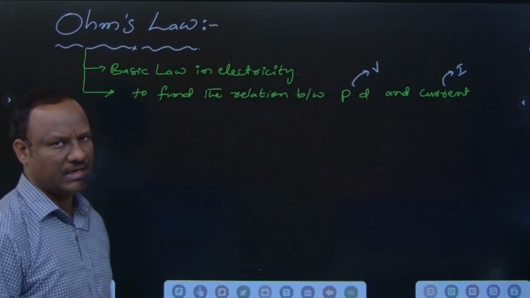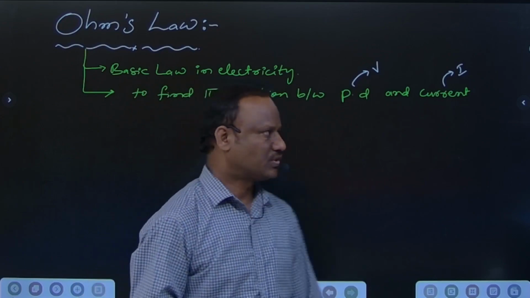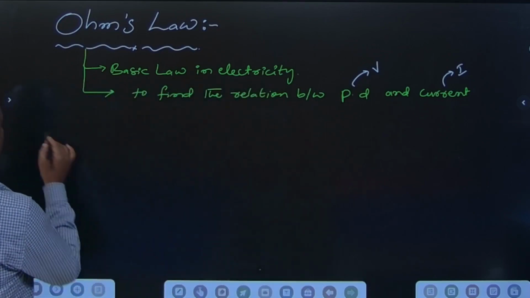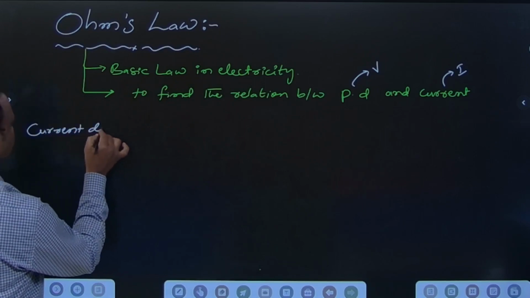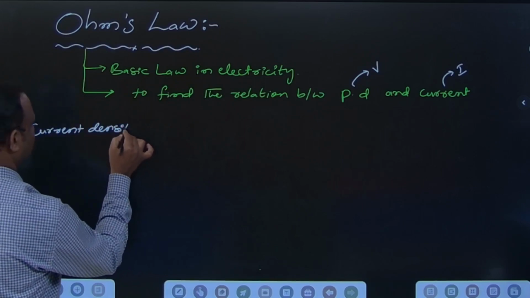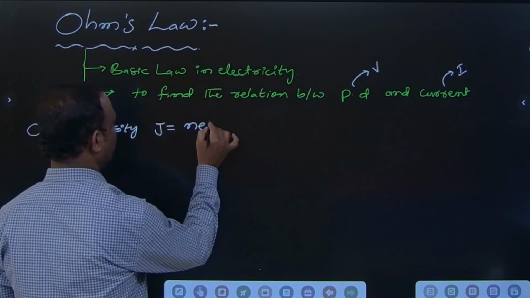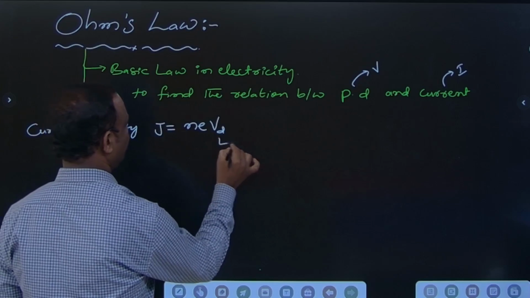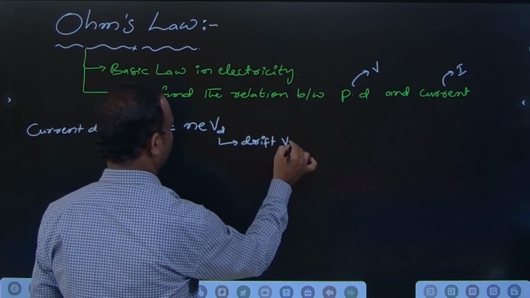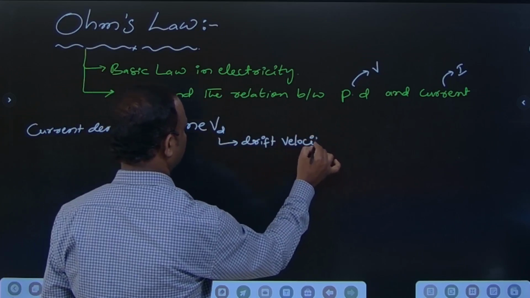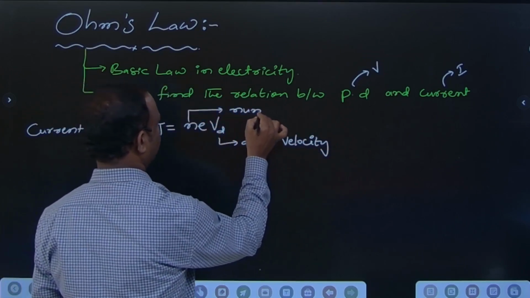First one, current density. Just in the before slide we discussed it. So current density J is equal to nevd, where vd is the drift velocity and n is the number density.